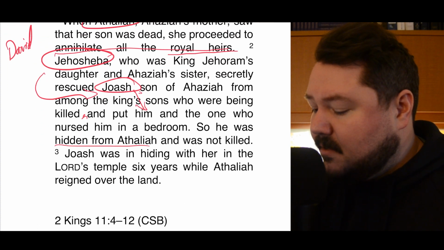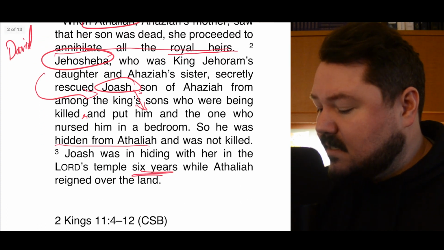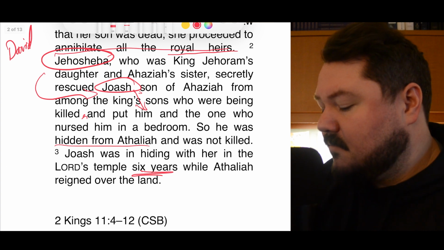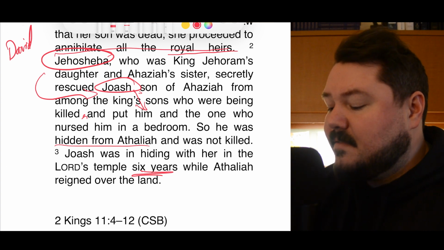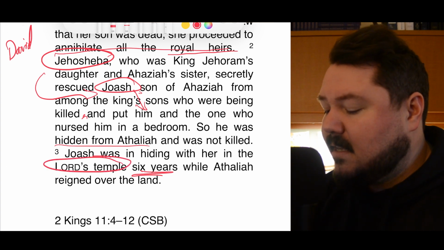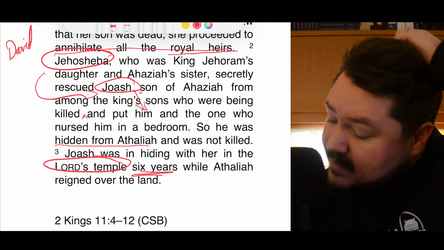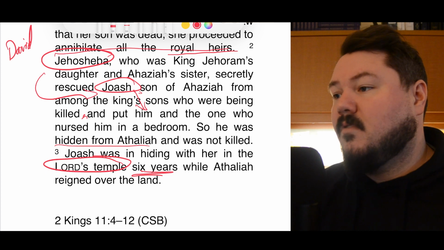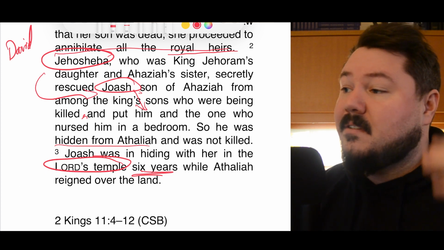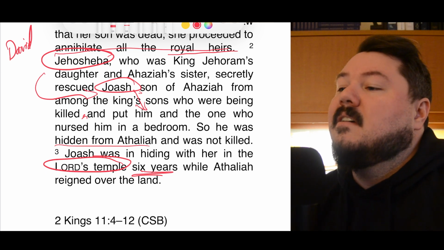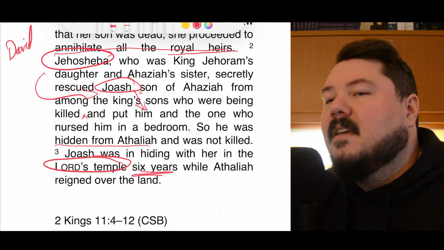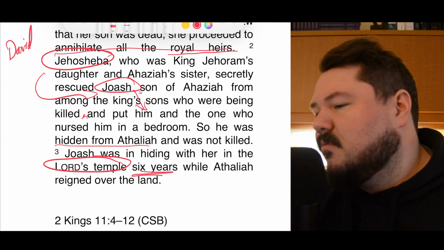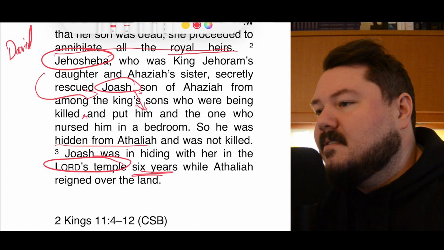Joash was in hiding with her in the Lord's temple 6 years, while Athaliah reigned over the land. So you have 6 years, and where is he being hidden? In the temple. Somewhere, I guess, Athaliah would not scope out, really, because probably she served other gods. She was the daughter of Ahab and Jezebel, wicked duo in the Book of Kings.